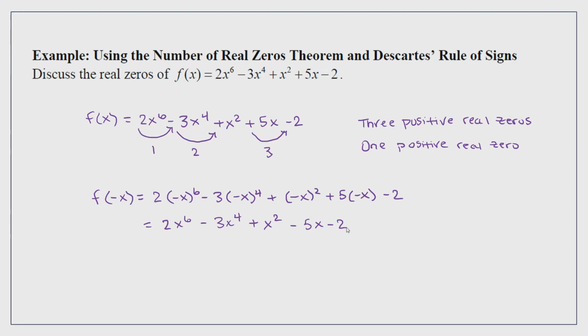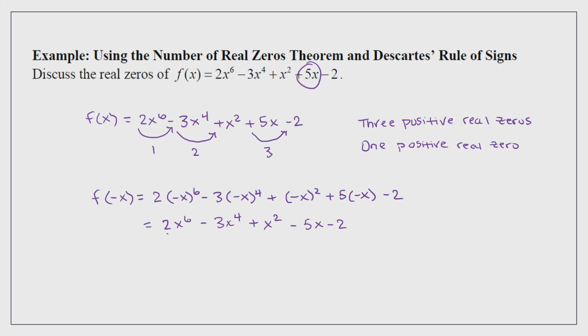So a neat little trick is that when you are trying to find your negative real zeros, all you'll have to do is change the sign of the terms that have an odd power. So in our original problem, the only term that had an odd power is 5x, because x is to the first power.